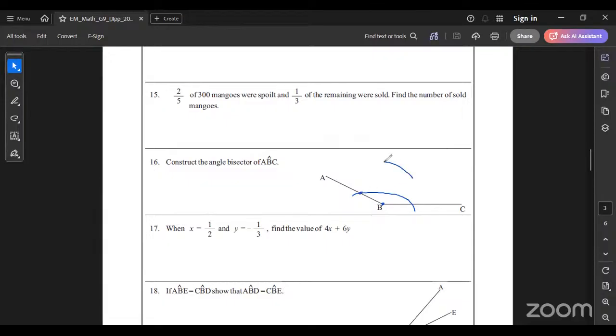And draw an arc to the middle here, right? And place here again.